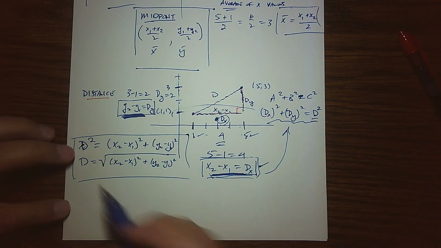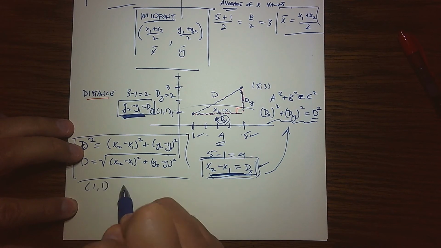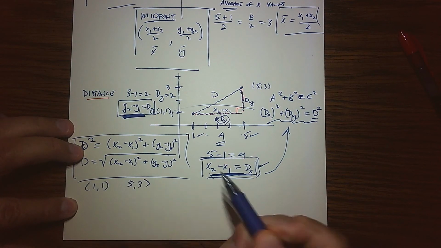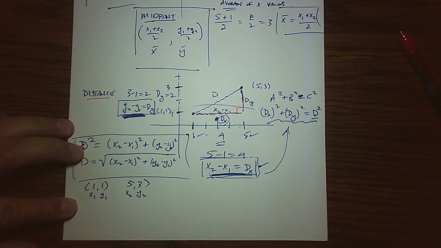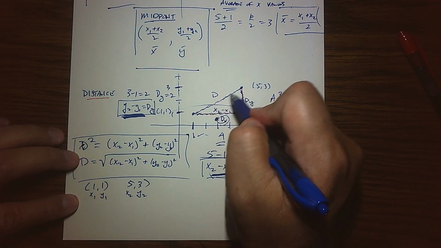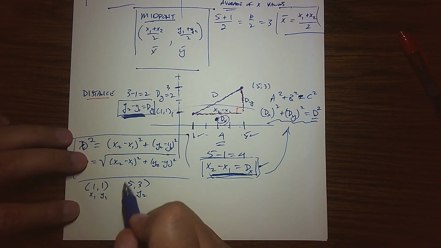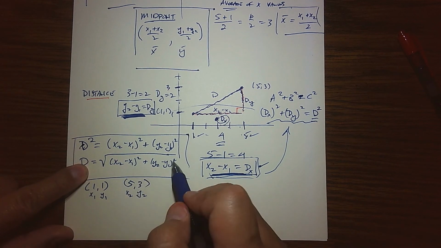So, for example, if my ordered pair were going from 1, 1 to 5, 3, here's my x1 and y1. Here's my x2 and y2. So what's the distance between these two ordered pairs? Well, I just plug it into the formula. I'll go ahead and use this one.